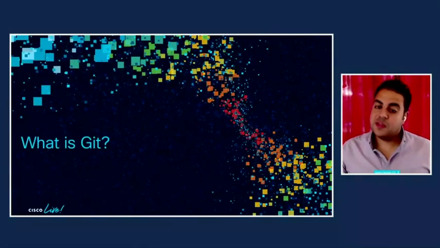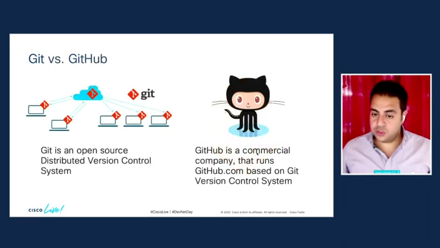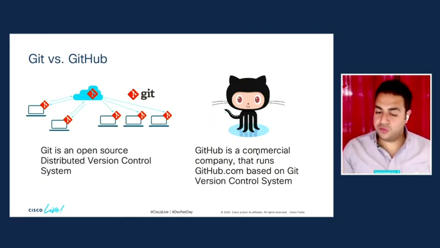Okay, so what is Git? Git is an open source distributed version control. It's the protocol that we use in order to leverage GitHub. Let's not confuse the two, and I hear this a lot: Git versus GitHub. Git is the protocol. GitHub is essentially a commercial company. It's a website that hosts all of your Git repositories, or your code.